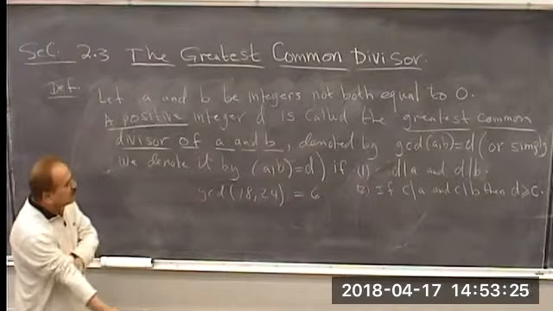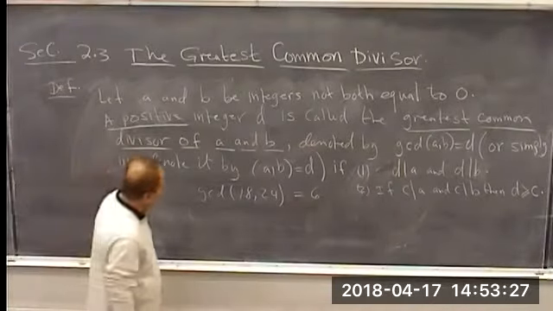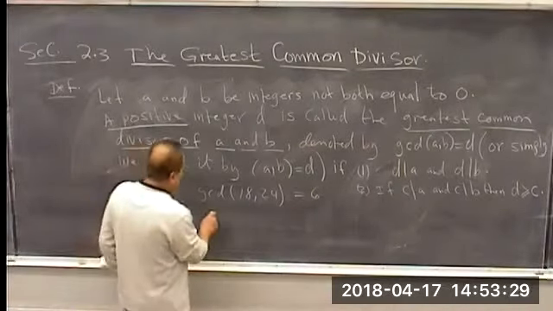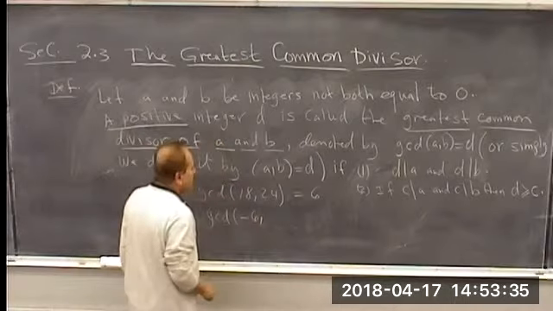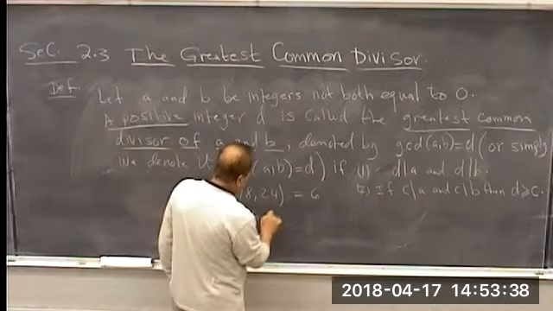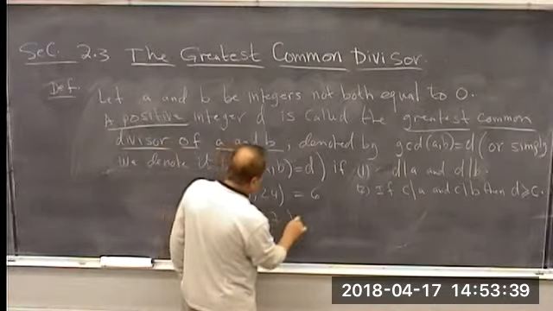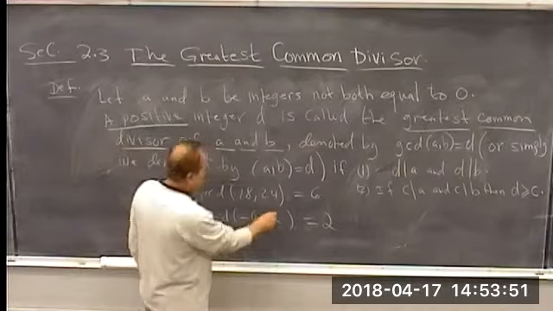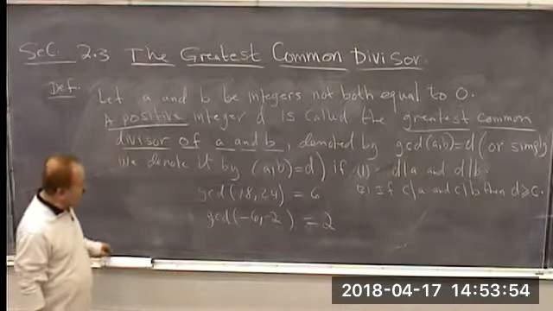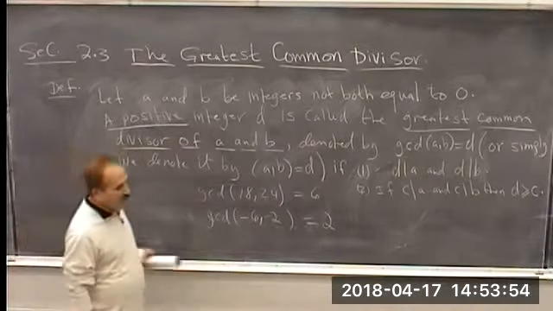All right? Even when we talk about the greatest common divisor of negatives and 2, we always take the greatest common divisor to be positive. So this is going to be equal in this case to 2. Okay? And even if this is negative, still we have this equal to 2. All right. Let's start with one other thing.